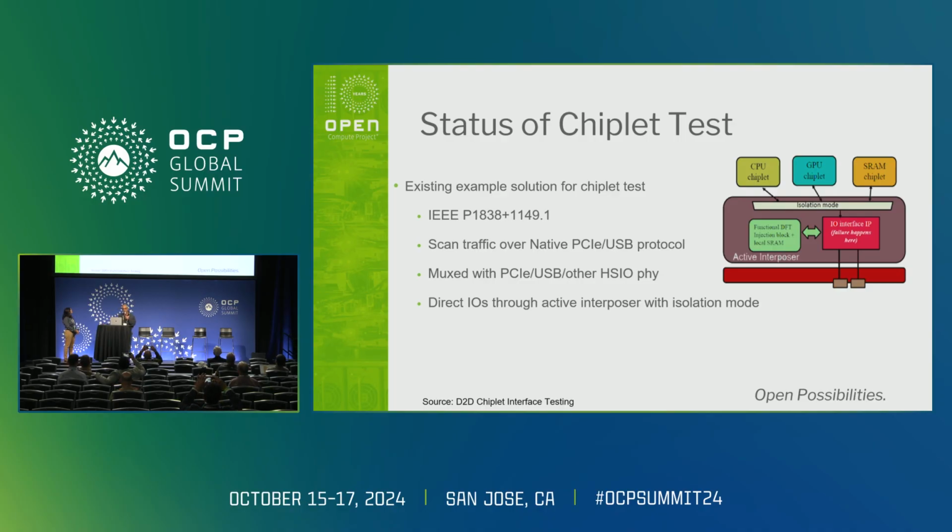This actually covers the status that some of the chiplet test vendors have implemented. So we have to build on what has been done earlier. There are very good examples. IEEE has already understood this problem and came out with the 1838 standard, which is for making testable three-dimensional stacks.